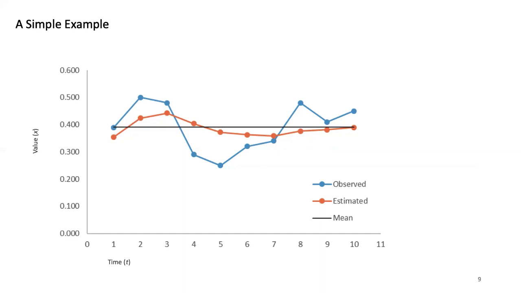The mean of these 10 observations I have is just under 0.4 because there's always a measurement error as well. So what the Kalman filter did is essentially pull all of the observed values closer to the mean. So it smoothed out the big jumps and gaps that we see in the observed values, pulled everything closer to the mean, and that becomes a better estimate of the actual value of the system at any given time period.